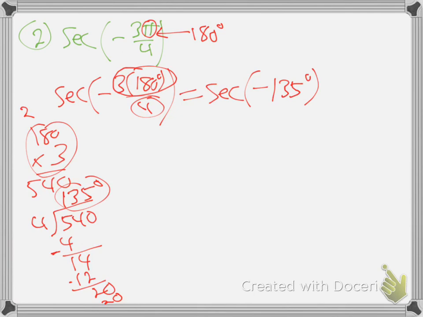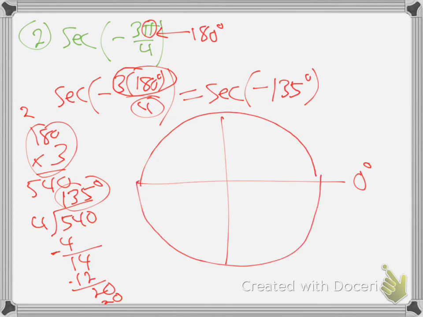All right, let's go to the unit circle. Now here's 0 degrees. How are we going to find negative 135 degrees? What do you do for negative angles? Add 360. You could add 360, or you could just do the negative angle. Either way, totally good. Negative angle means it goes down first instead of up.